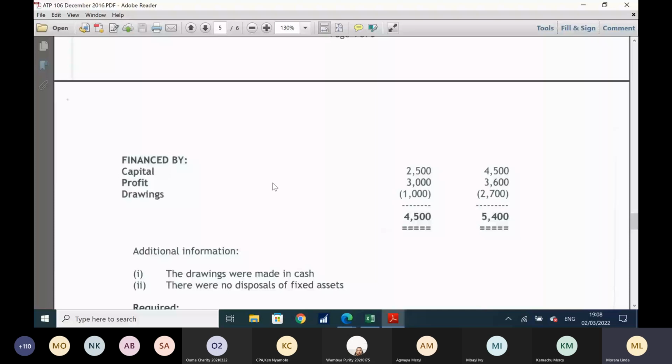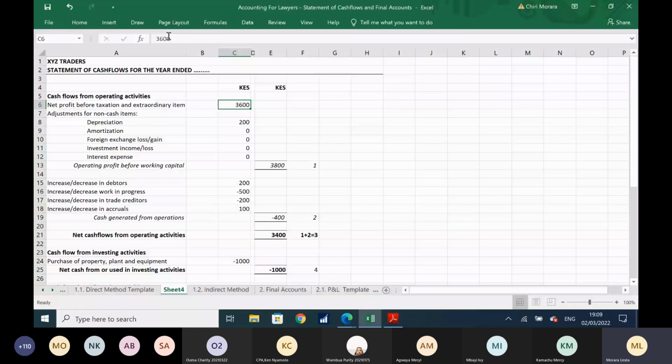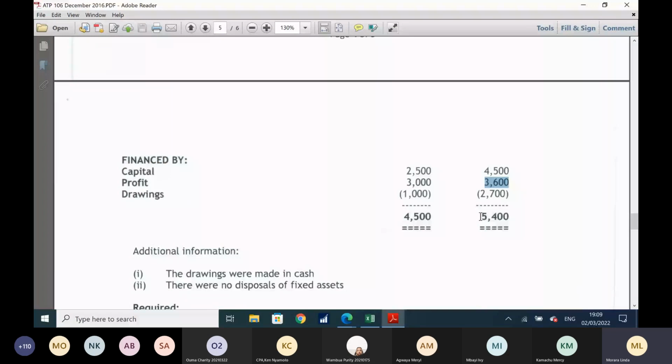So at the beginning our retained earnings was 3,000, and at the end it was 3,600. So here it should have gone as 600, which is the movement for the year, and not the entire 3,600, because that's historical.